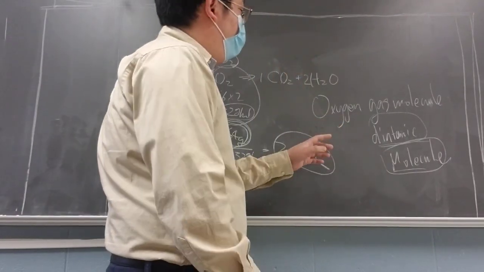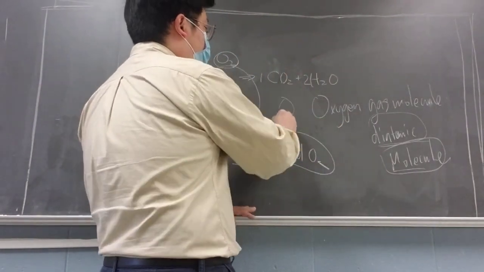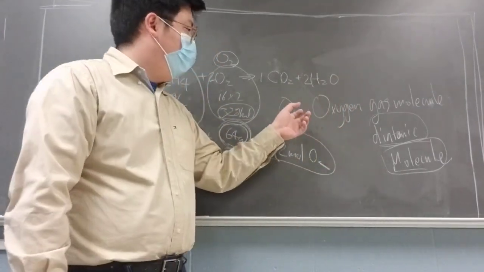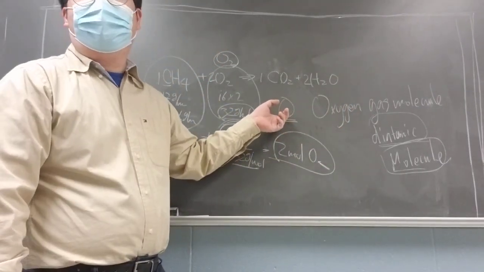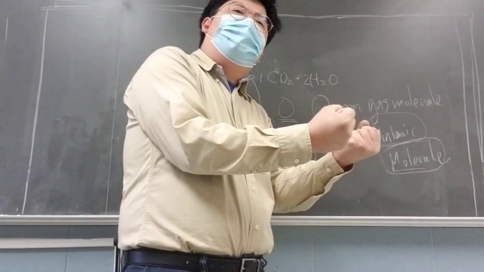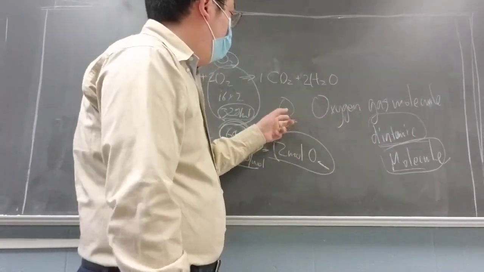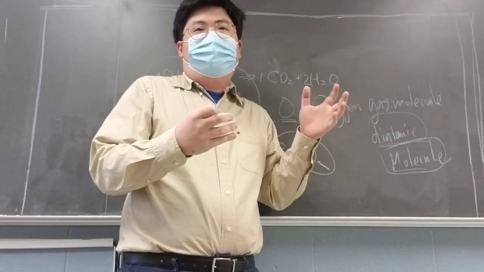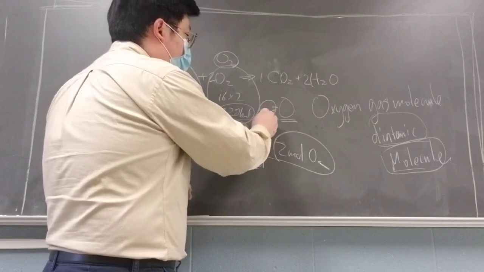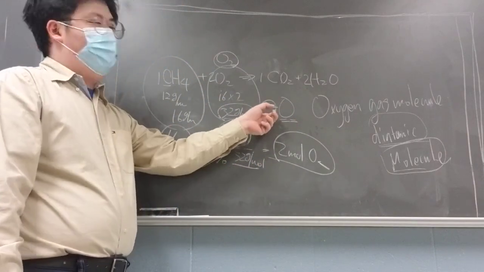So same here. If oxygen becomes alone here, later we're going to learn about the octet rule, they become really, really unstable. So they need to grab somebody to be more stabilized. Meaning they don't have to be excited all the time. They can always be held by something else, which is maybe a diatomic molecule.